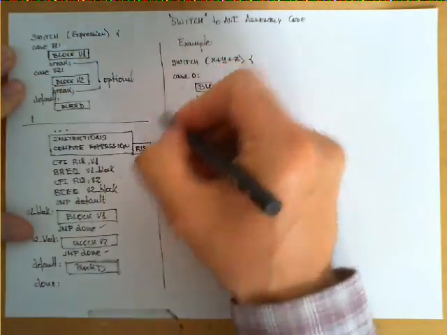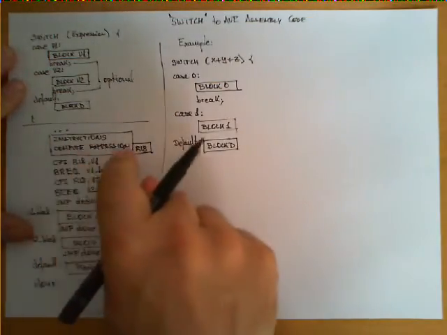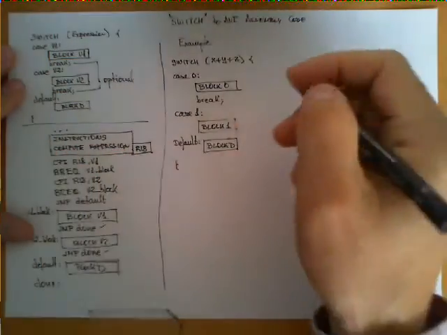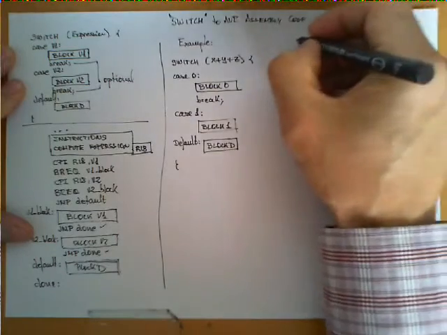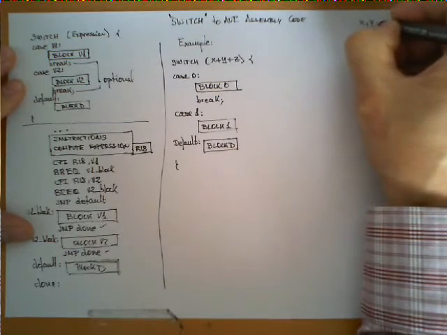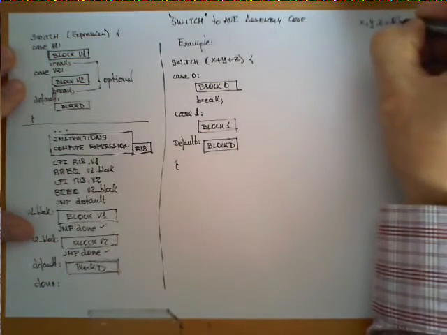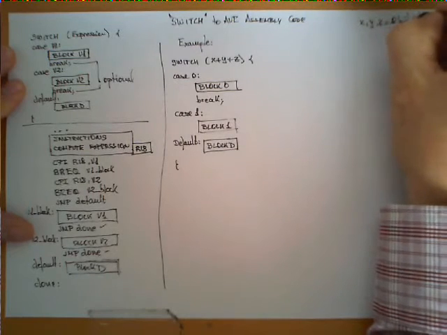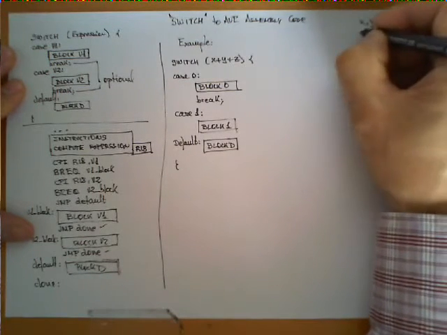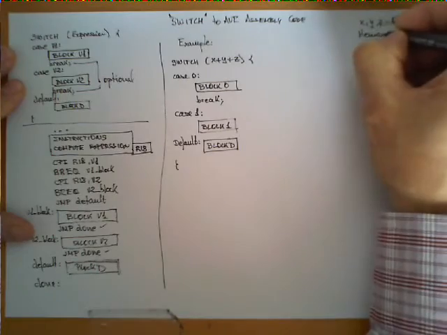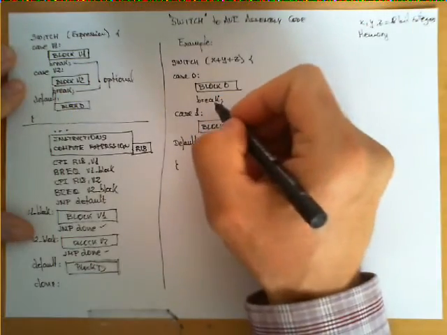Well, first, as we said here in our template, we need to write down the instructions needed to compute the expression. Let's assume that x, y, and z are all 8-bit integers, and they are in memory, in locations labeled with exactly those names.